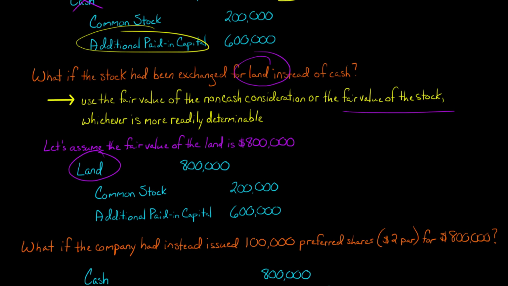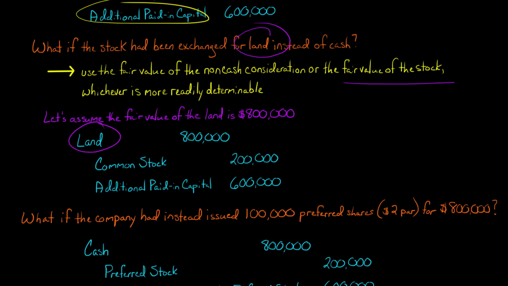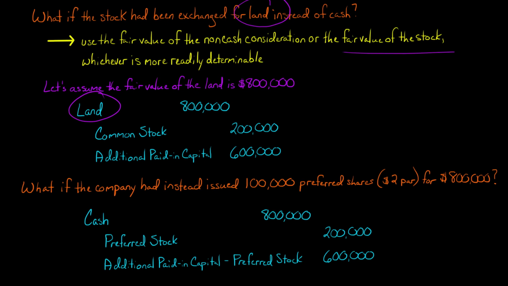Now, what if the company had instead issued preferred shares? Okay, we were talking about common shares in all these examples before, but what if they had issued 100,000 preferred shares of stock? Again, we'll assume that there's a $2 par value per share and that the company had received $800,000 cash. Okay, now in that case, we're going to debit the cash account for $800,000.